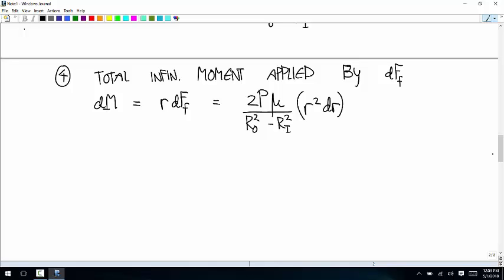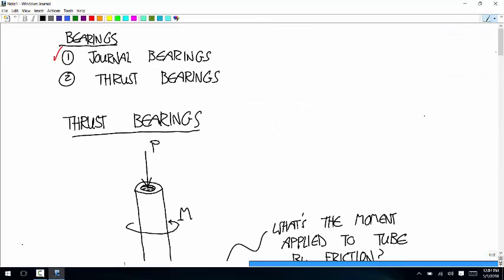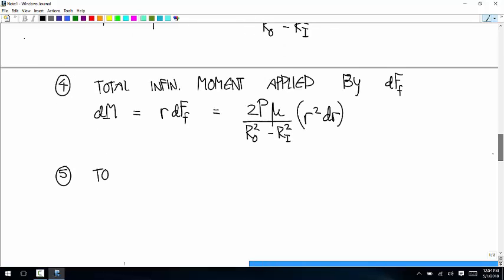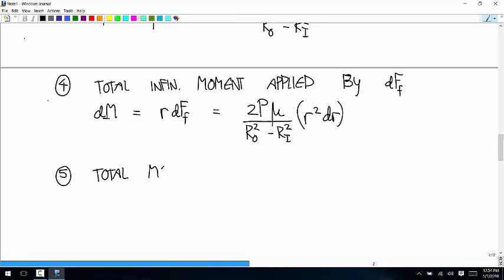And now finally we have the infinitesimal moment produced by that infinitesimal ring, and now we just integrate over the whole body. So the total moment, M, is just the integral from r inner to r outer of dM. Let me pull the constant stuff outside.